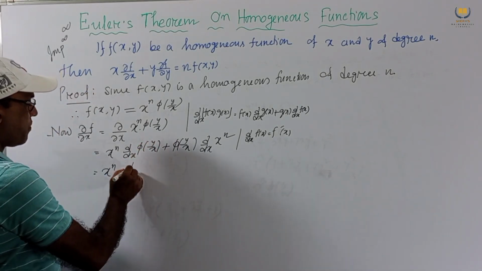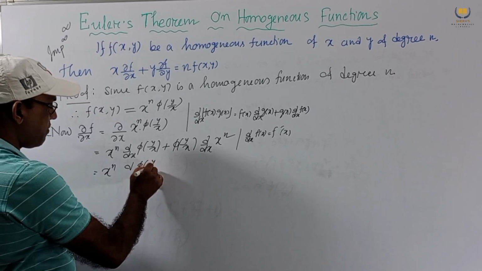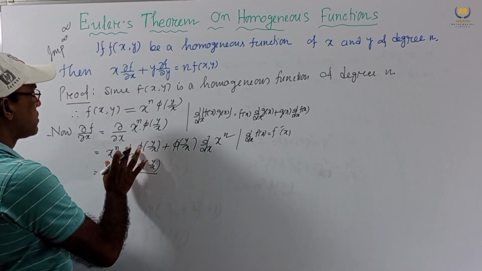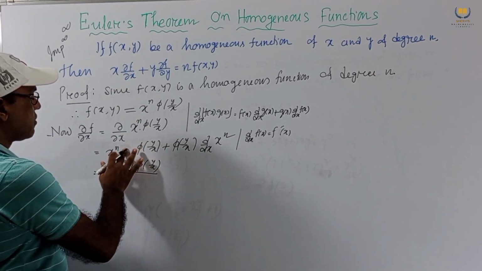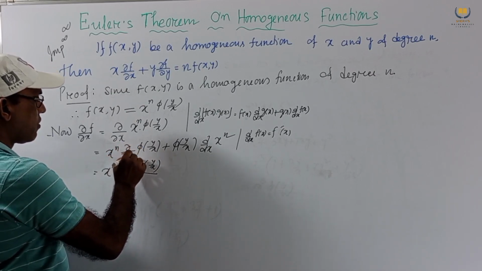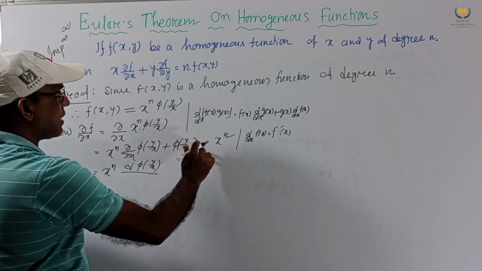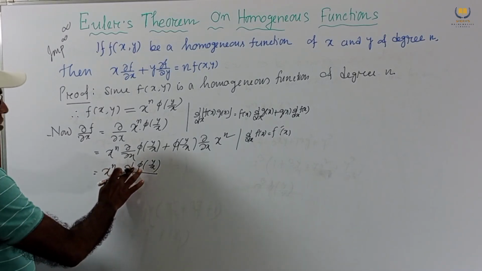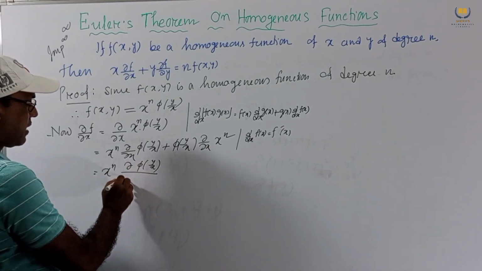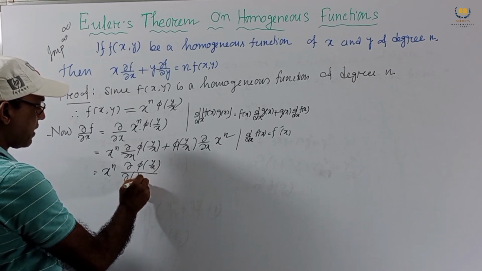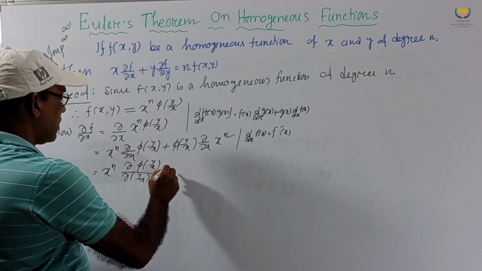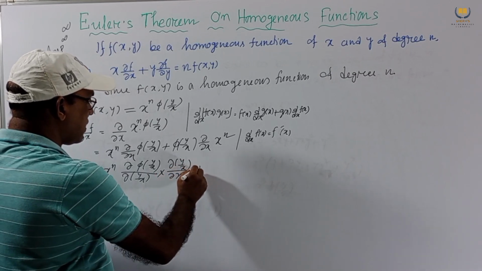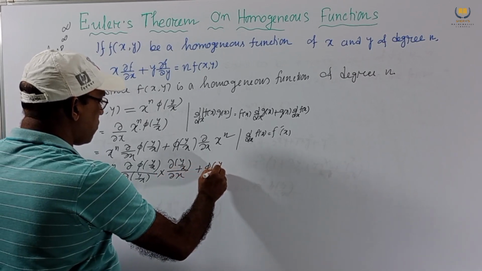So using the chain rule for y by x, I have written d, but actually you should write del x, not d by dx. This is del x.